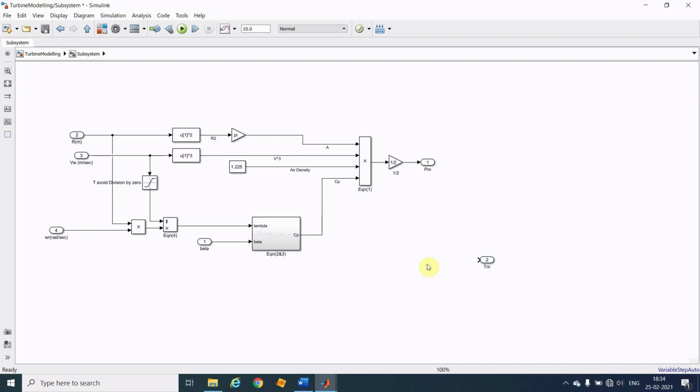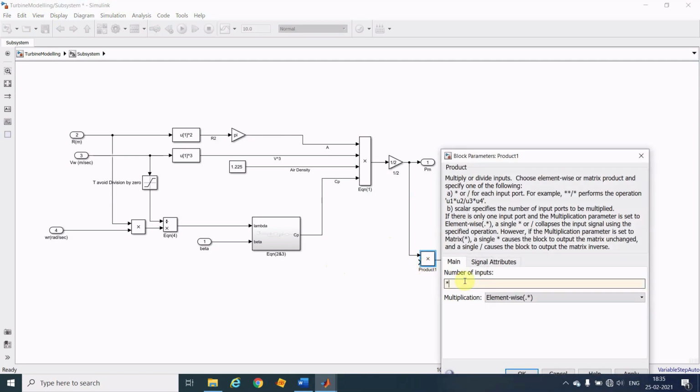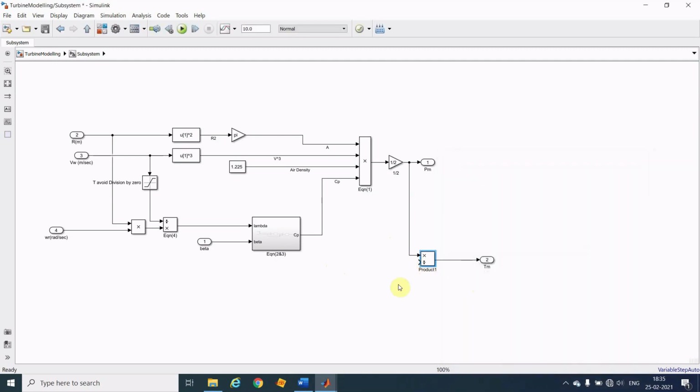So take this product, and we will divide power by speed of the generator.